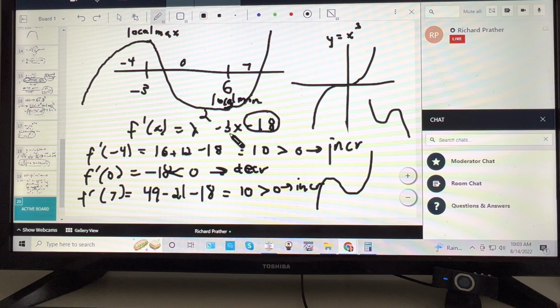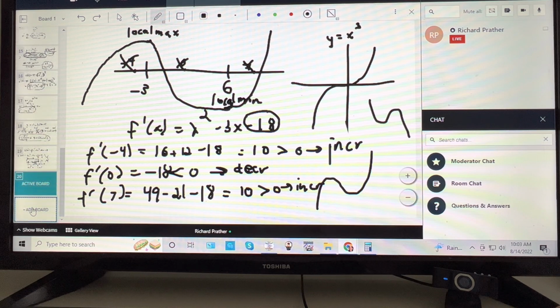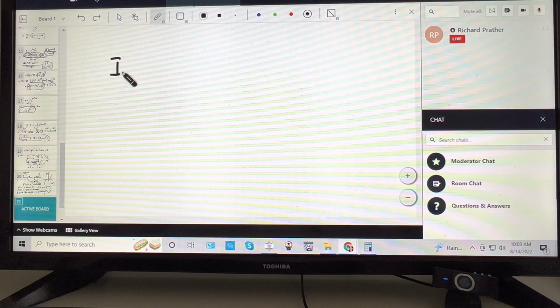But all they want here is, when is your graph increasing and decreasing? You're increasing first until you get to negative 3. Don't look at the negative 4 anymore. Then you go down from negative 3 all the way to 6. Don't look at 0 or 7. And then it's 6 to infinity. You go back up again. So there's 2 increasing portions.